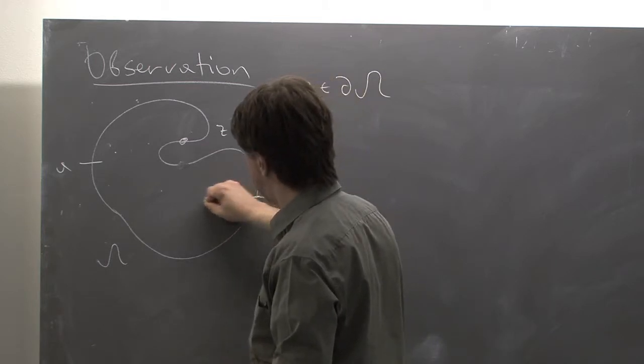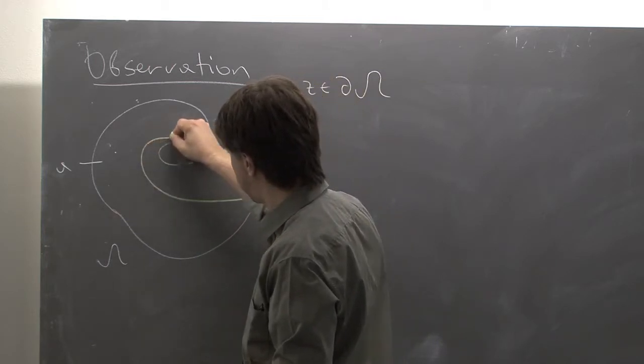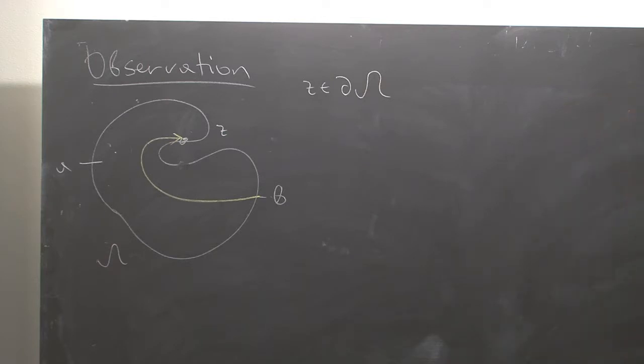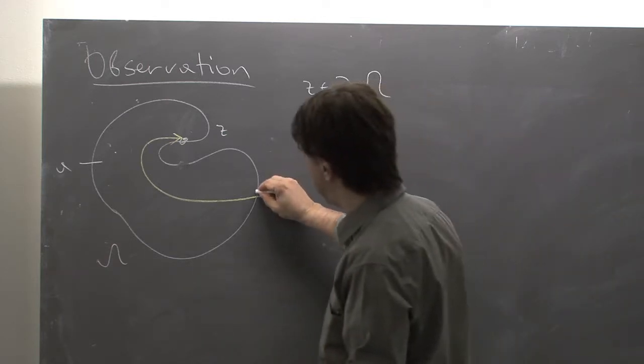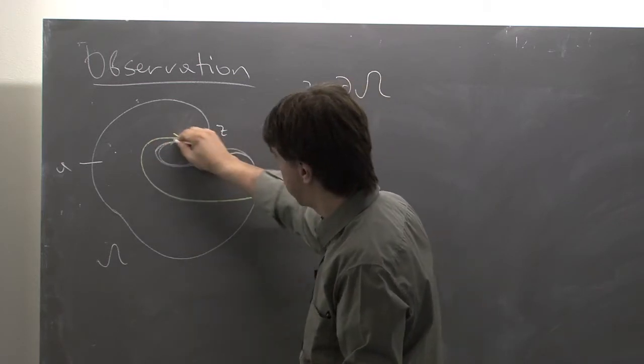Then essentially, when we arrive by our interface to this point, it will have the same number of turns as if we follow the boundary.